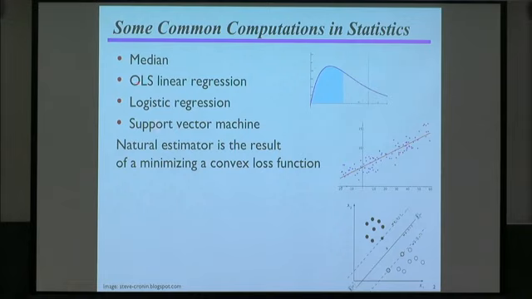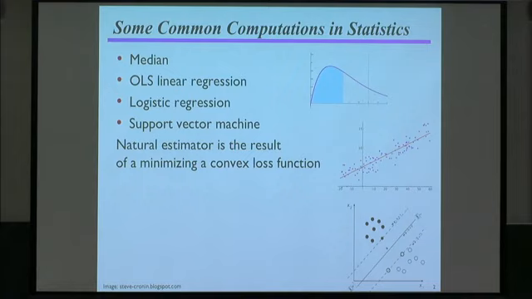Ordinary least squares linear regression is another classical computation, where you're trying to find a line or a hyperplane that fits a given collection of data points as well as possible. Logistic regression and support vector machines are particular ways to fit a linear function to data as accurately as possible according to some measure of accuracy.